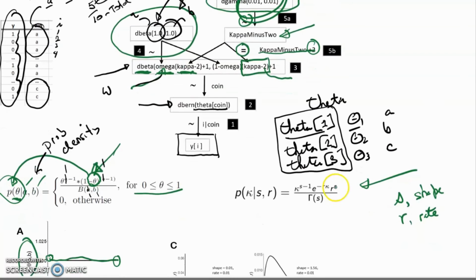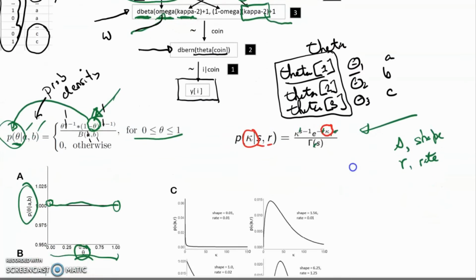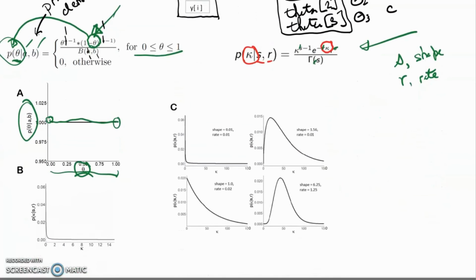So we could put in 0.01s for each one of these S's and R's. For every value of kappa put into this formula, having specified S and R, what comes out the other end is the probability density of kappa.